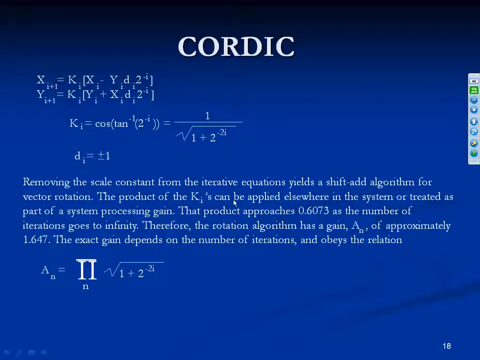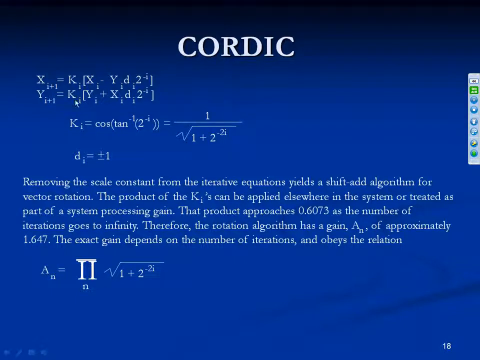The product of the k of i's can be applied elsewhere in the system or treated as part of a system processing gain. And that product approaches 0.6073 as the number of iterations goes to infinity. Therefore, the rotation algorithm has a gain of A sub n of approximately 1.647.